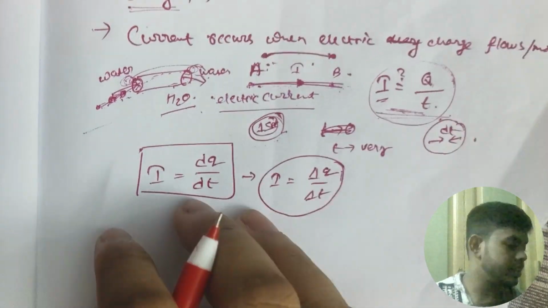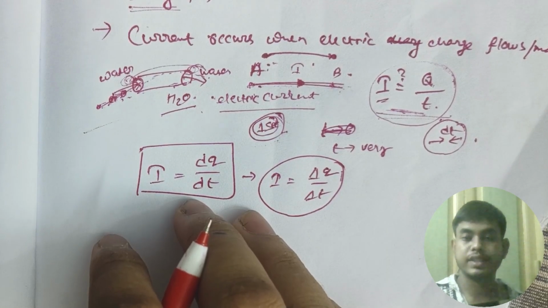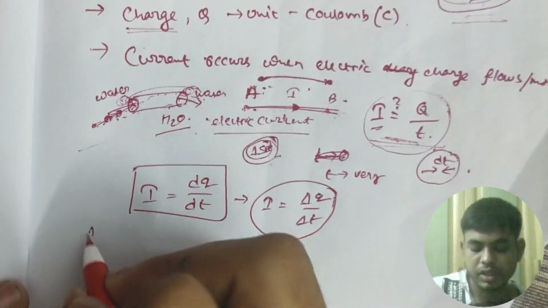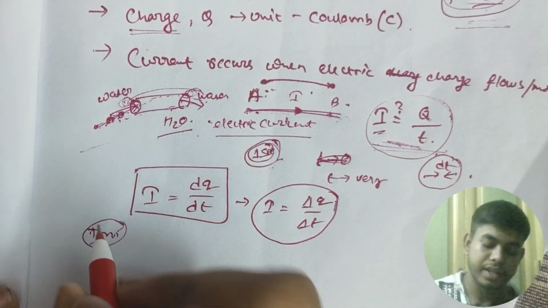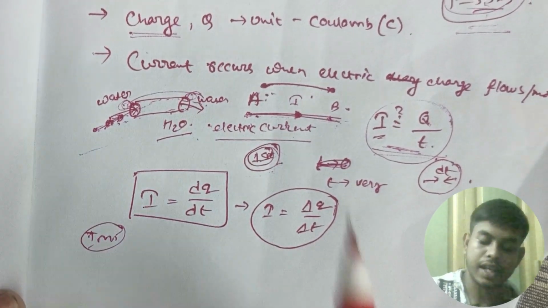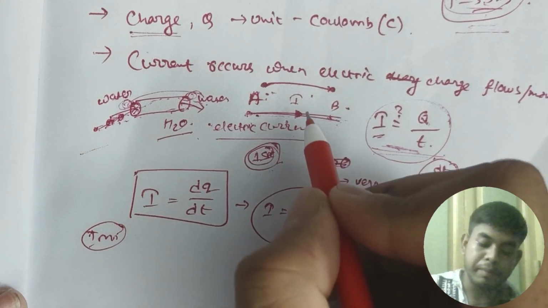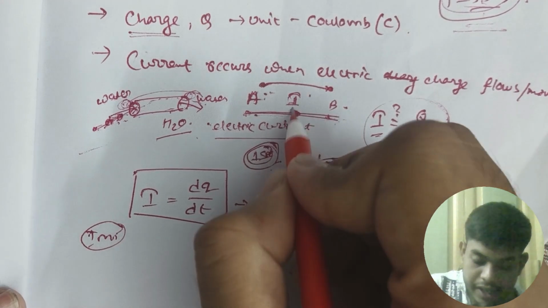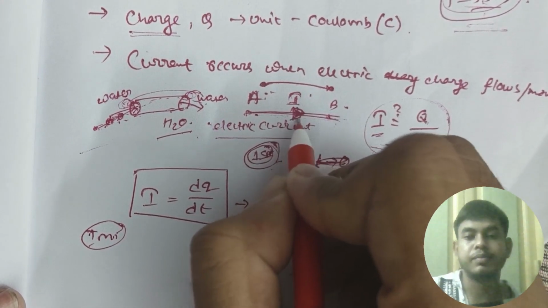Important points to write down: each current has a value I and always a direction.